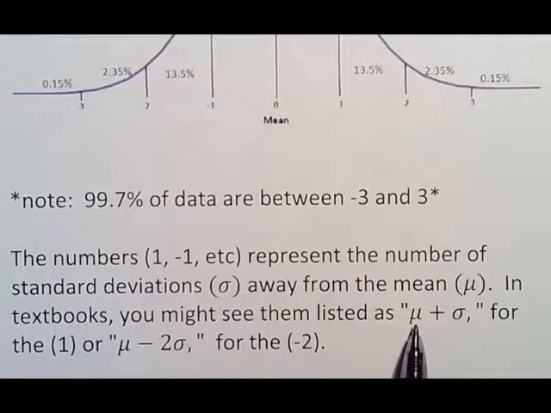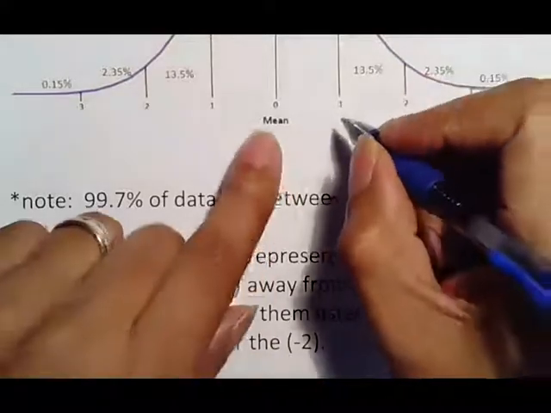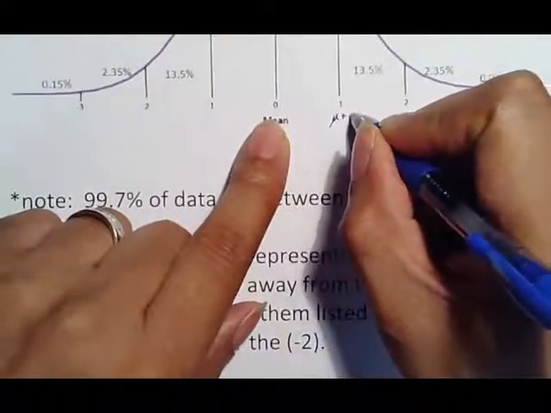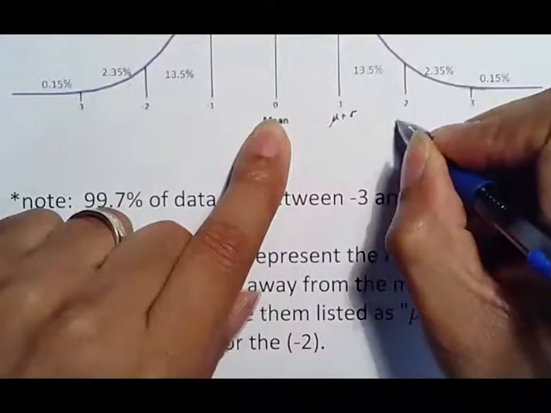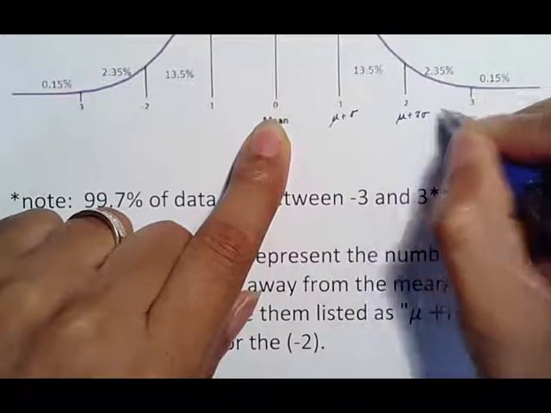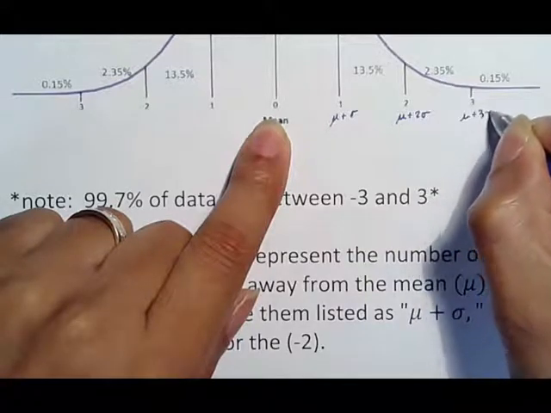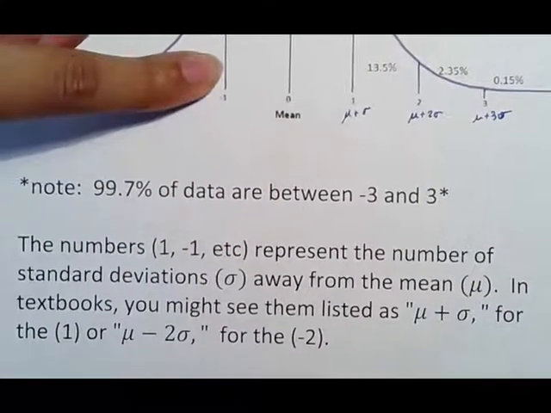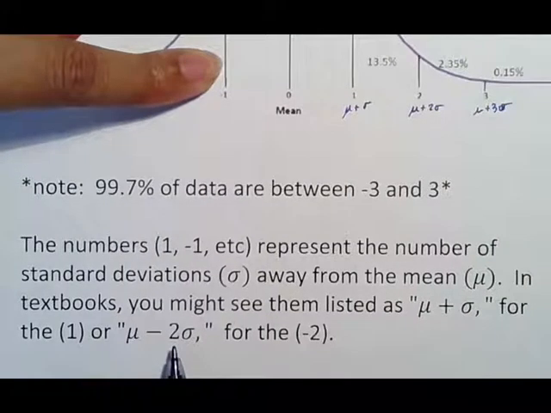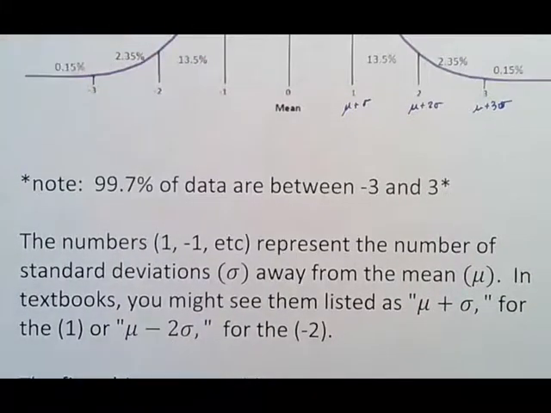So that'll be mean plus, I think it's sigma for the 1. So this would be whatever your mean is plus whatever your deviation is. This would be whatever your mean is plus 2 deviations. This would be your mean plus 3 deviations. Just like that would be mean minus 2 deviations for your -2, mu minus 3 or whatever.